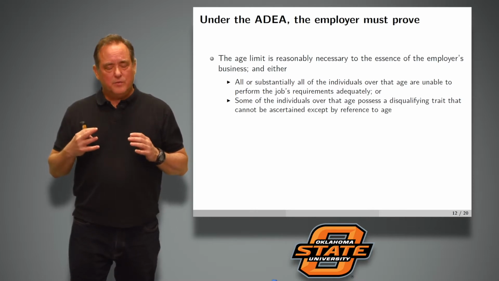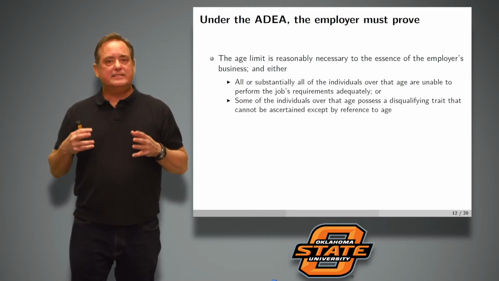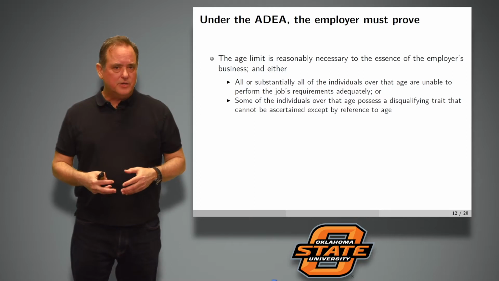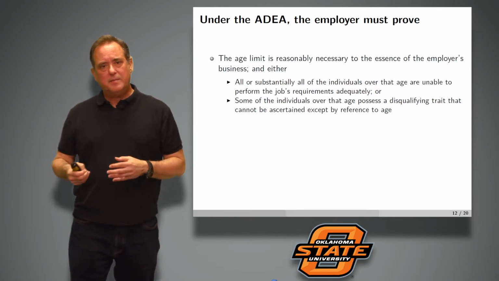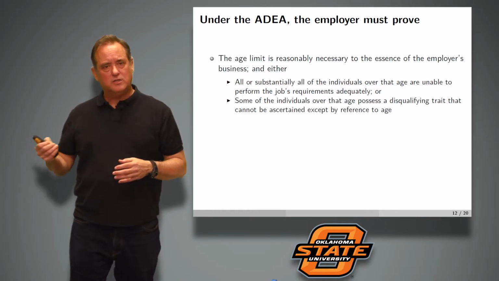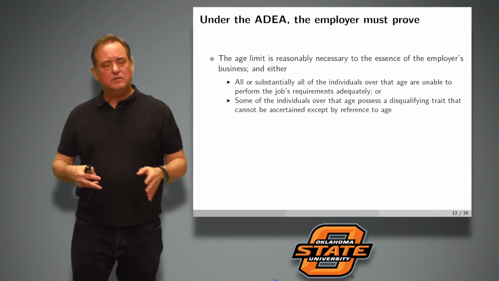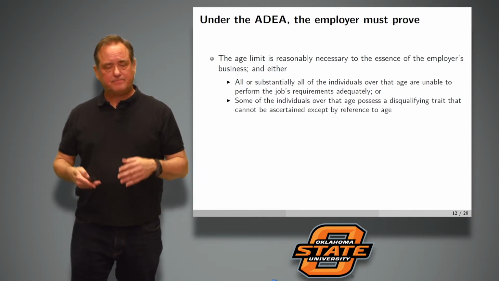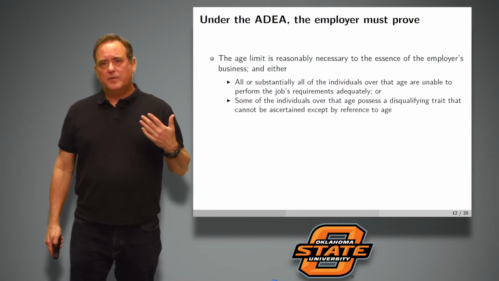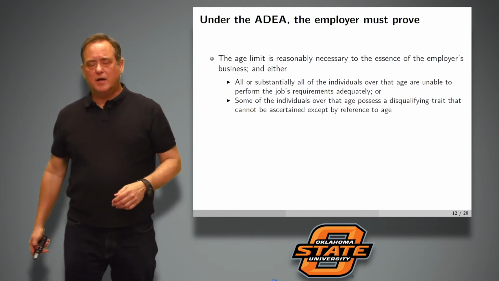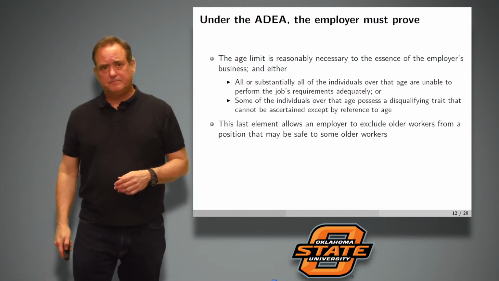So the result of this is that it's easier to craft a BFOQ related to age because you only have to show that some older workers lack the skill that younger workers have. So the BFOQ is much broader under the ADEA.